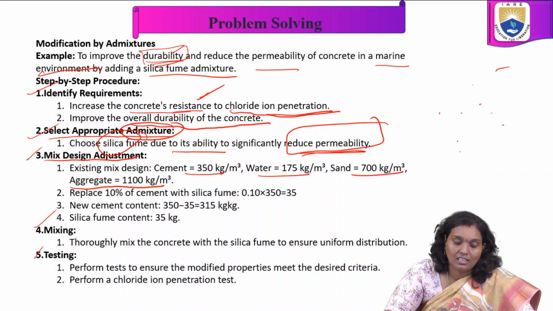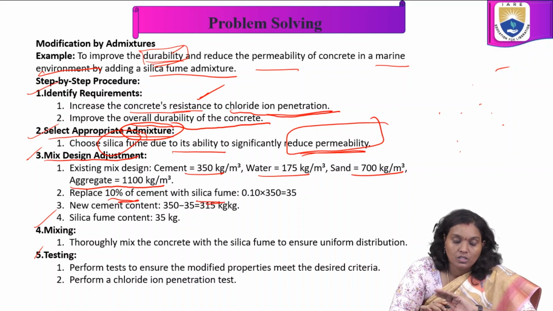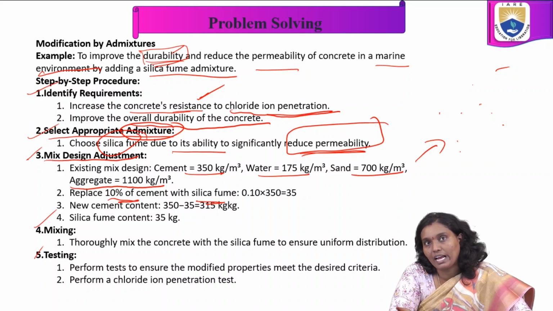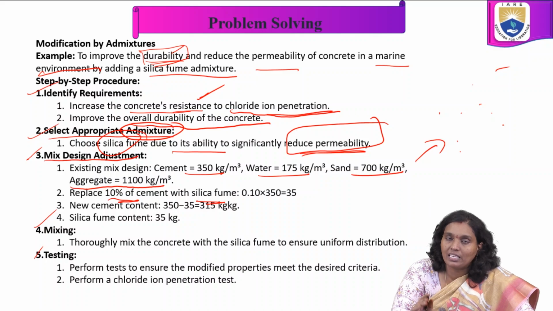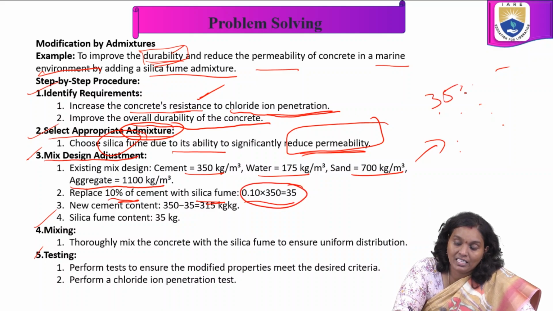After that, we are going to replace 10% of cement with silica fume. The existing mix design, we know, will satisfy all kinds of conditions and will reach the target mean strength. Now replacing 10% with silica fume, that is 35 kg of 350 kg, we are going to use as silica fume.